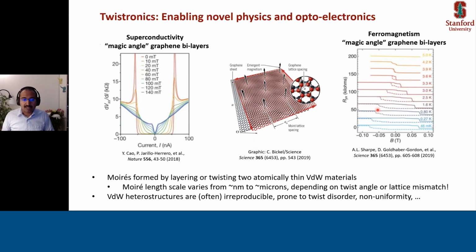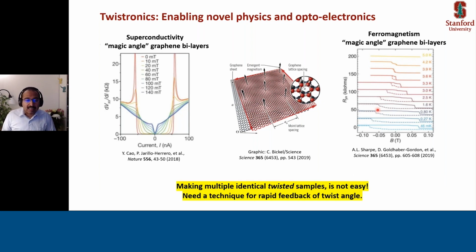So AFM is uniquely positioned to help us here, and what we really try to do is image these structures and see how the moires were varying over the typical lengths of a device, which are a few microns. The real problem that comes out is, as one tries to make these magic angle twisted bilayer graphene devices, not every device that one makes is identical.